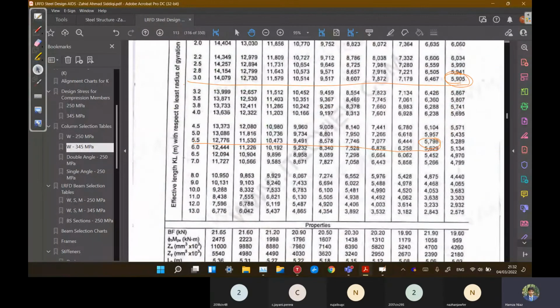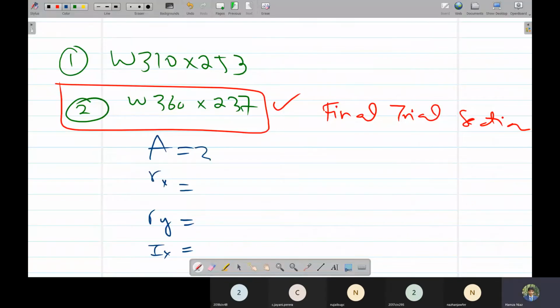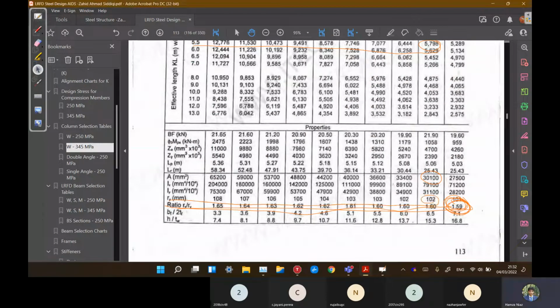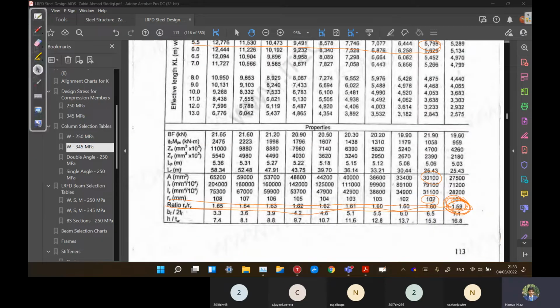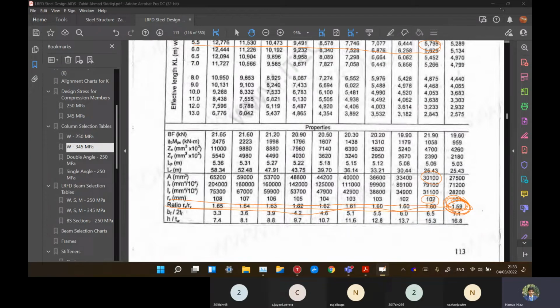Area for this section is this one, 30,1000. Rx, there is no Rx given here, but Ry is given. Ry is 102. We know the ratio of Rx over Ry is 1.6, so we can just multiply 102 into 1.6 and get Rx.